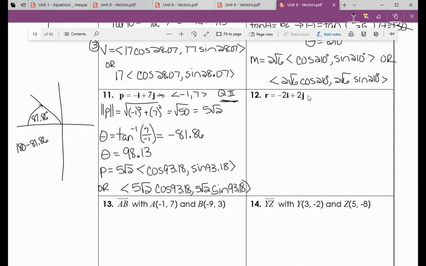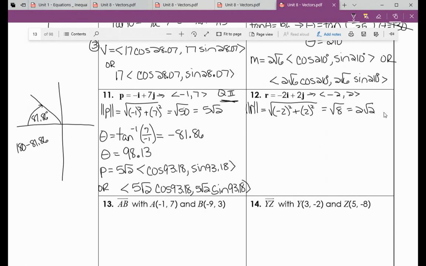So when I do R, I'm going to think about its component vector, -2, 2. I need to find my magnitude first, which is the square root of -2 squared plus 2 squared, which is square root 8, and that is 2 square roots of 2.